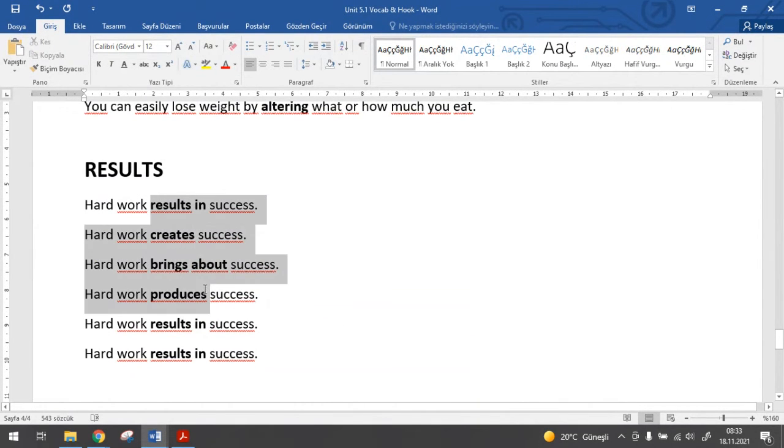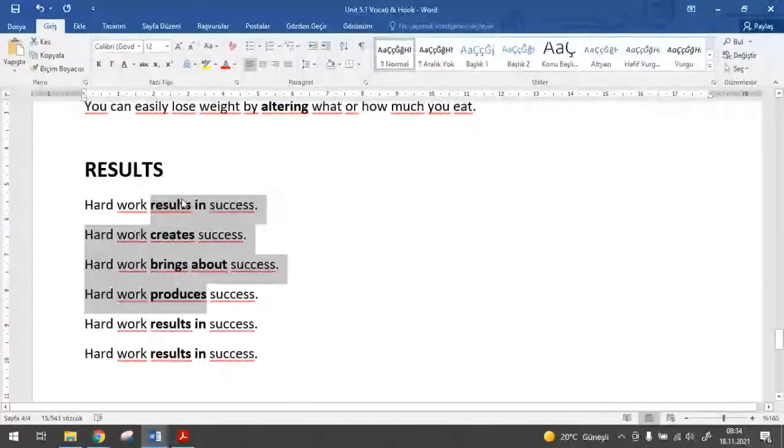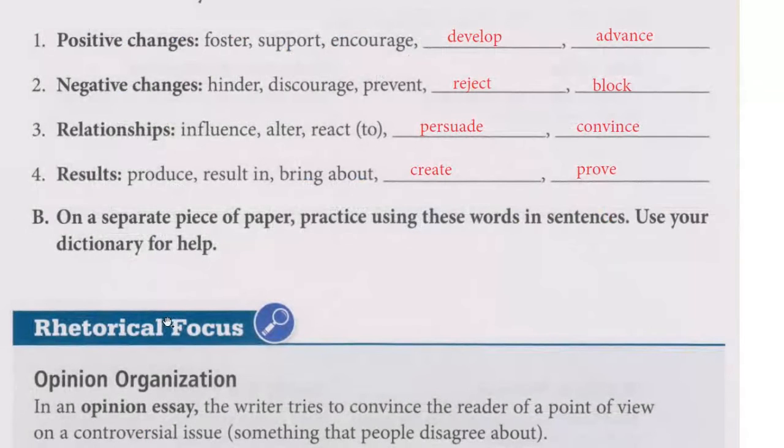It is a good idea to learn different ways to say the same thing because in writing or in speaking, it is not a good idea to repeat the same thing. So results in, creates, brings about, produces.